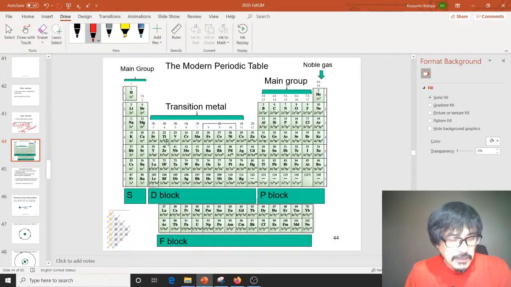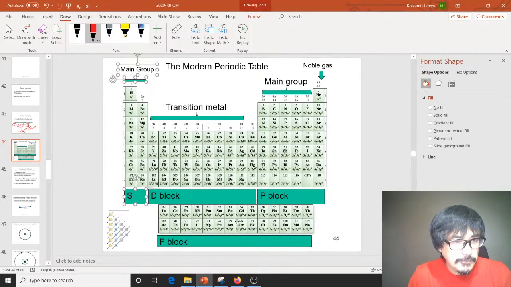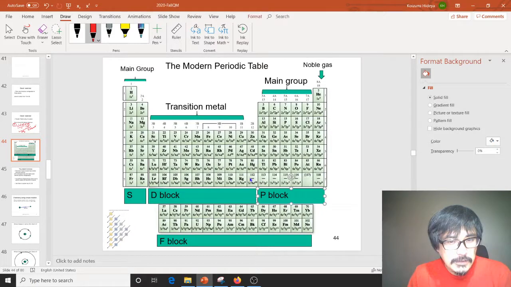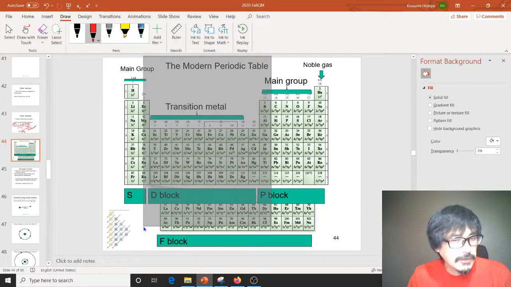So let's dive into the periodic table. Now notice that the periodic table has 2 columns right here, and then 6 columns right here, and then in the middle, somewhere around here, you have 10 columns.